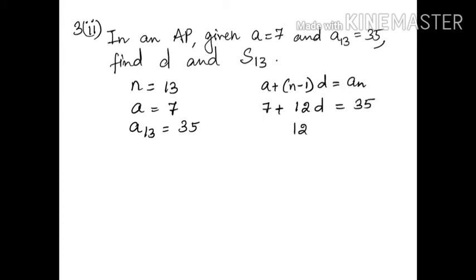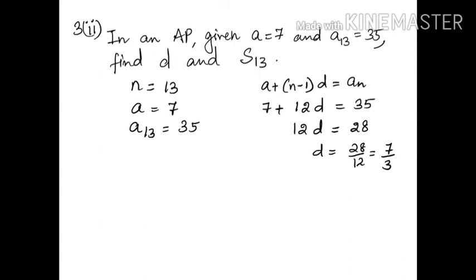So 12d will be equal to 28, or d is equal to 28 upon 12, which on reducing is 7 upon 3 as d.